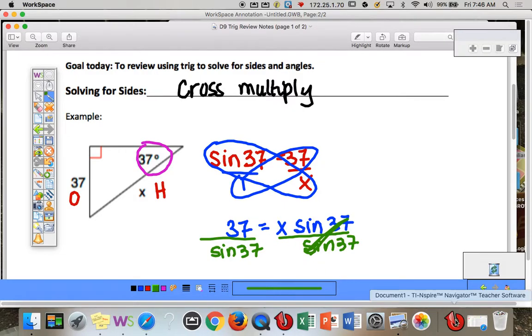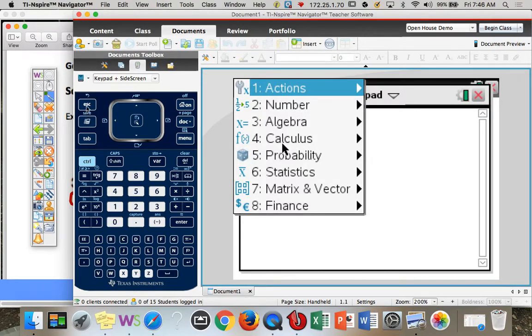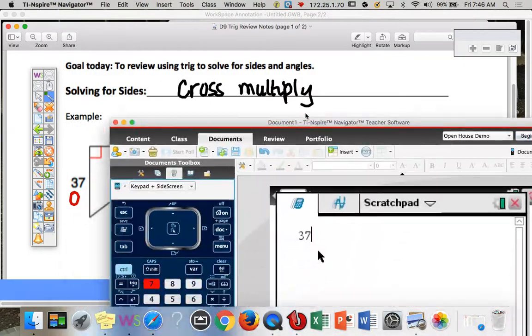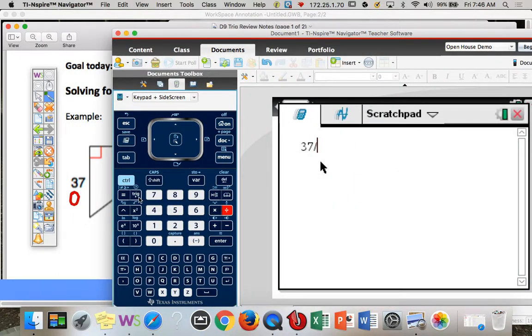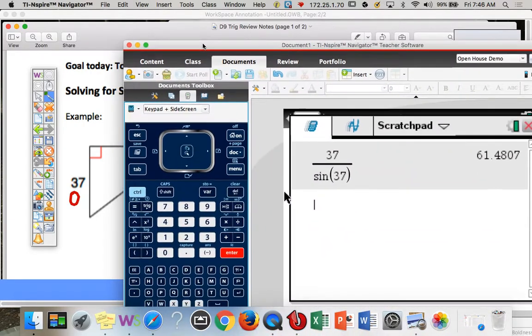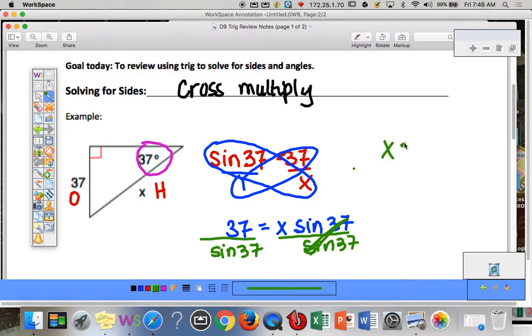In our calculator, we just type in 37 divided by sine of 37. So here's the trig button, sine 37. And that side, the hypotenuse, the longest side, is about 61.5 if I round. So x is about 61.5 units long.